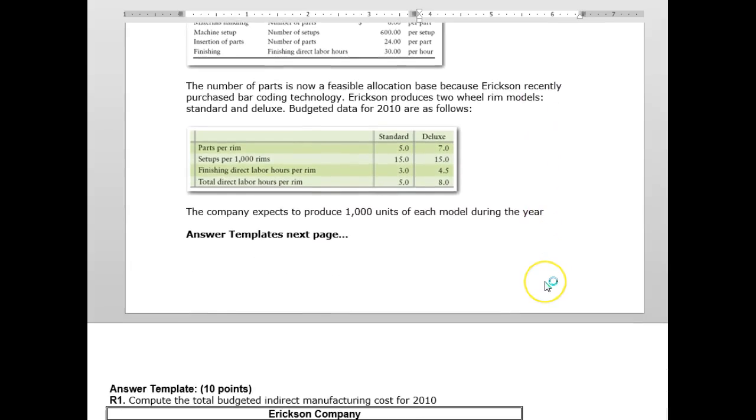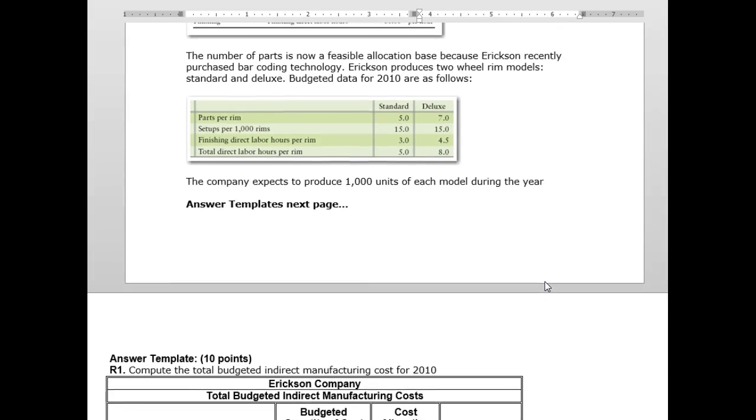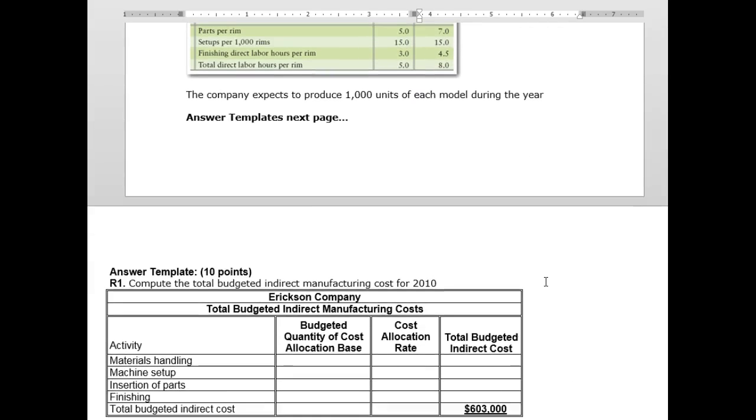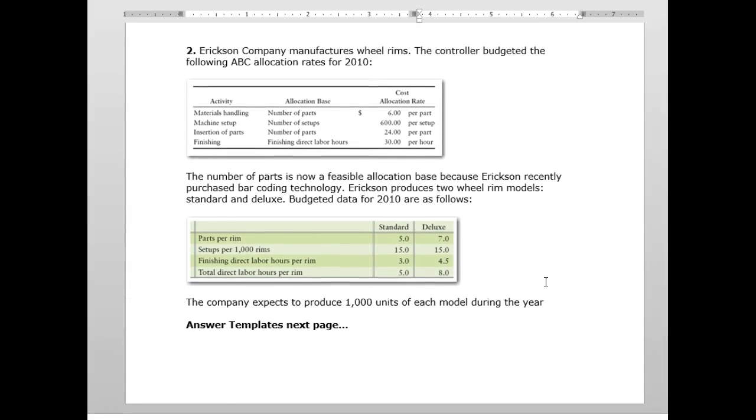You're going to do the same thing here, and this sets it up. Oh, it's Ericsson. See how Ericsson sets up? It's the same thing, only I think they give you more information on this one, so you don't have to do quite so much number crunching. They're going to give you the allocation base, and then the allocation rate here.